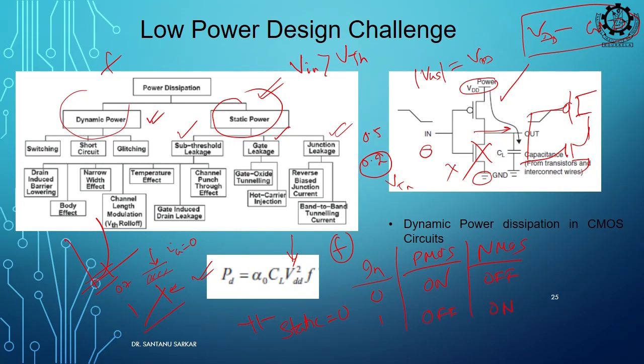So first static was dominant, then dynamic was dominant because of frequency. As you try to address dynamic power by reducing VDD, another power became dominant. What was that? Leakage power. If your VDD is close to your threshold, now leakage will be more dominant.